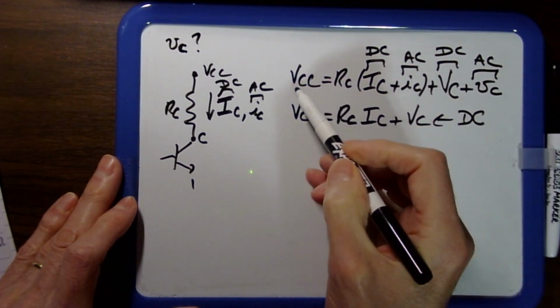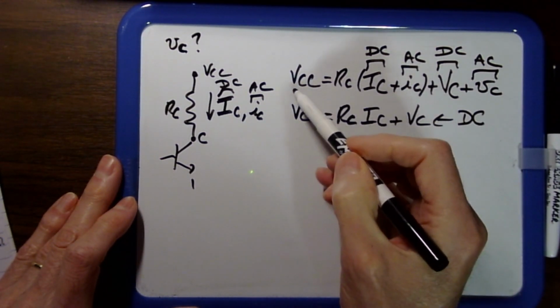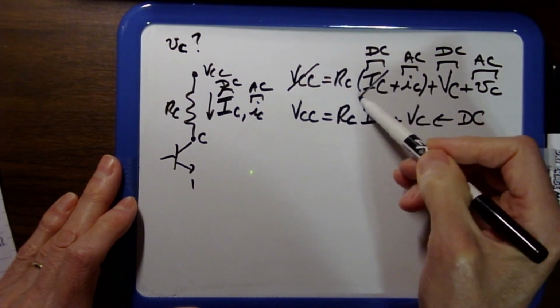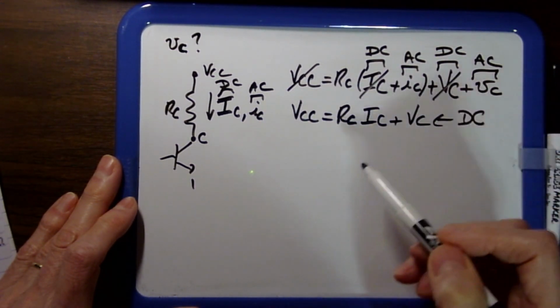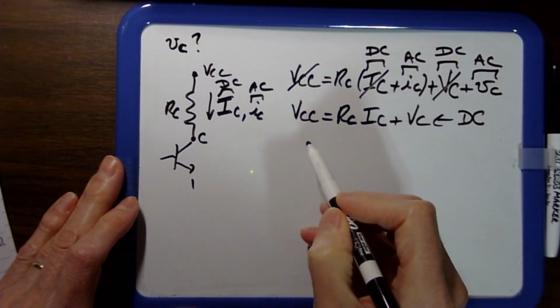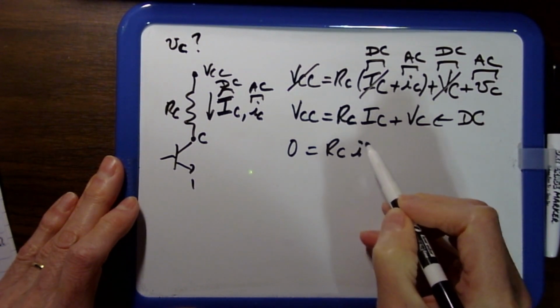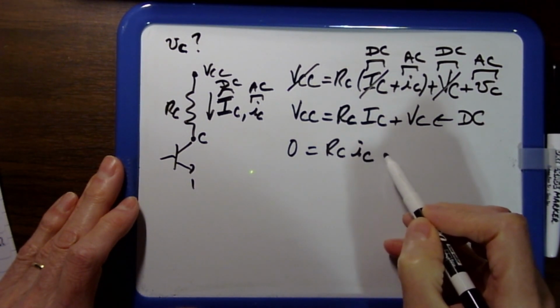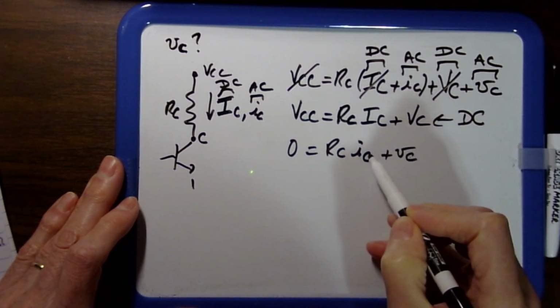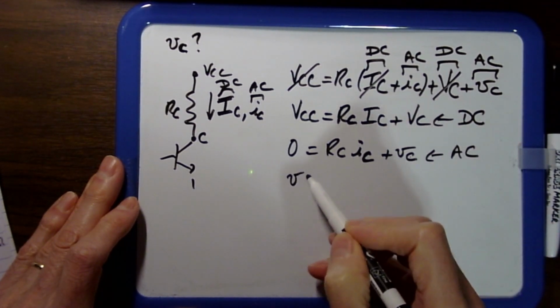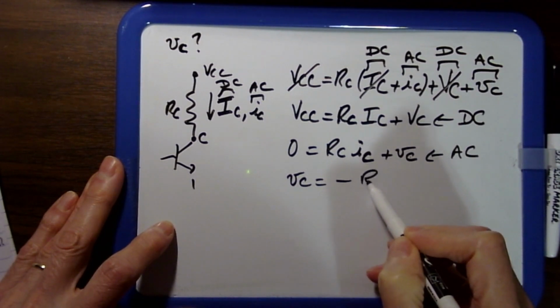So what happened is that this is gone, this is gone, and this is gone. So you end up with 0 equal RC IC plus VC. So this is all AC. So you end up with VC equal minus RC IC.